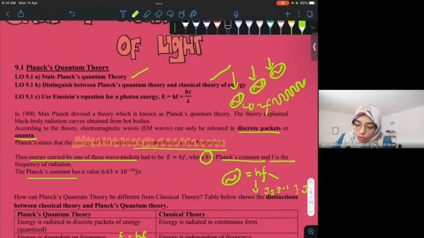Okay, and then we have to use the equation. To use this equation, using hf or hc over lambda, the energy we get is in joule. Okay, if the question does not ask for any unit, you can leave it in joule. But if the question emphasizes that it wants electron volt, then we have to convert using this relationship.